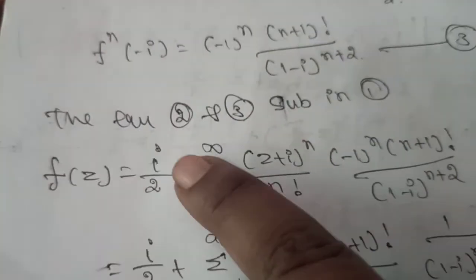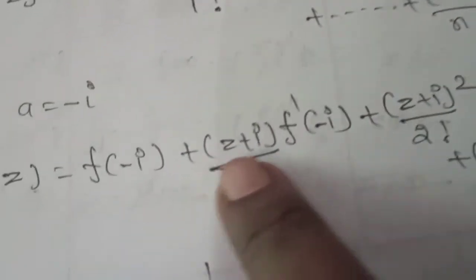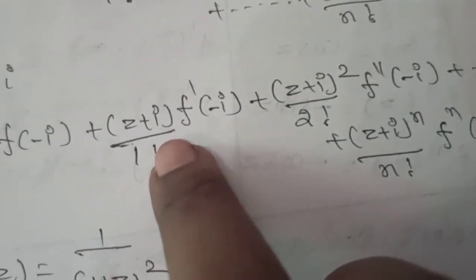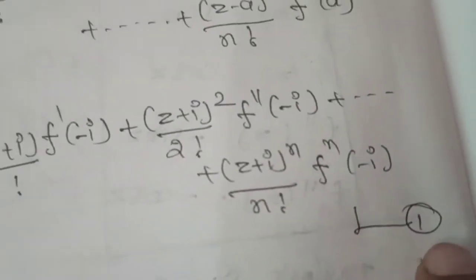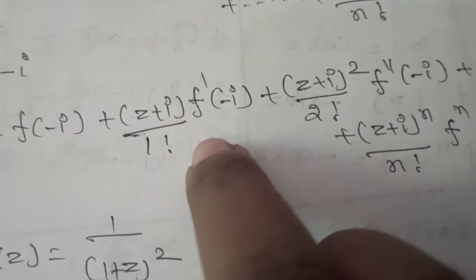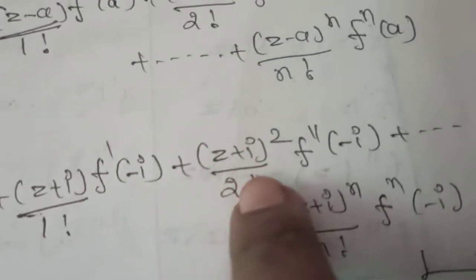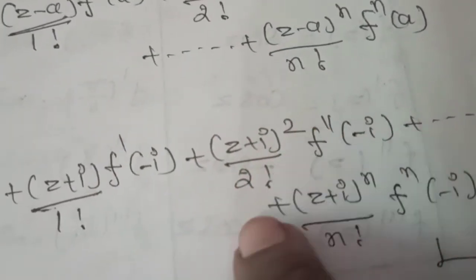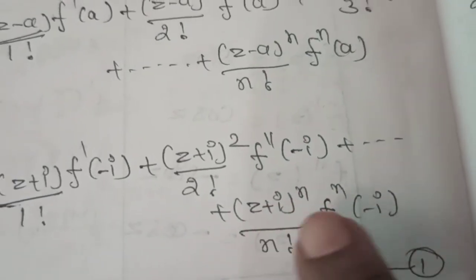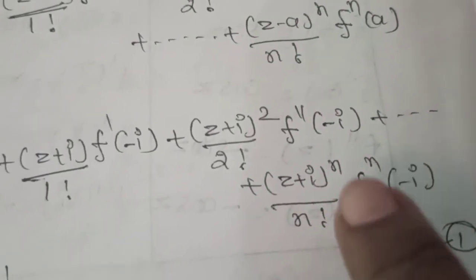So that is i divided by 2 plus, from equation number 1, the term (z plus i) divided by 1 factorial, the second term (z plus i) whole square divided by 2 factorial, and the nth term (z plus i) to the power n divided by n factorial.